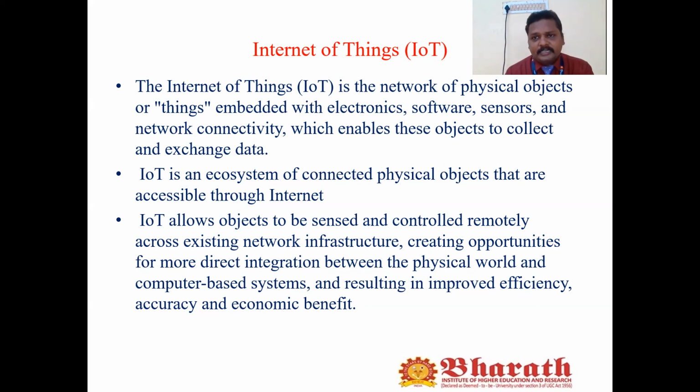Once the sensor collects the data from the fan, it will be sent to the cloud or any storage media. From that storage media, we process the data, and once we process it, we can exchange the data. This is what we call the Internet of Things.